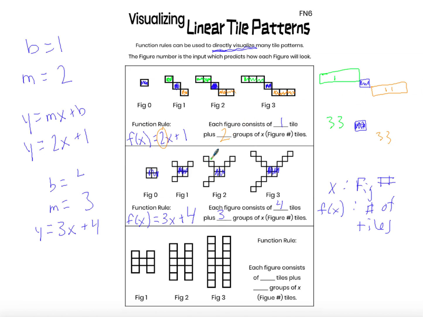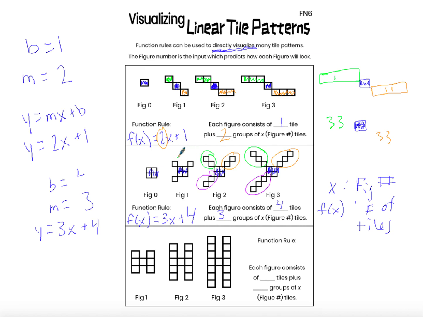So let's see, here's 1 group of 2, 2 groups of 2. Let's look for a third group of 2. Does that work for every single figure? So we have 1 group of 3, 2 groups of 3, 3 groups of 3.